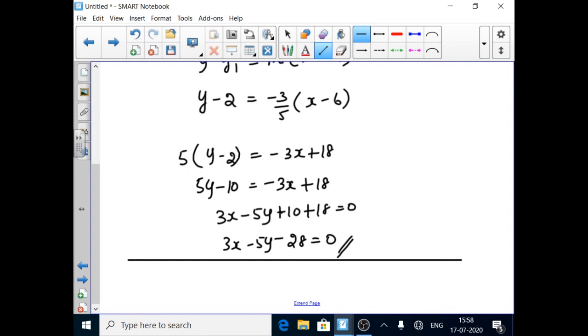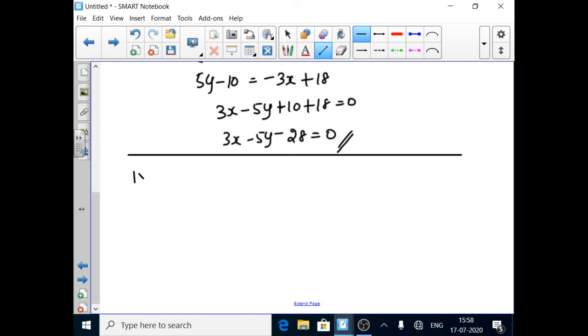Okay, next, 10th problem. Find the equation of the straight line which has slope and passing through the point. If they have given one slope and one point, we should use the slope-point form.